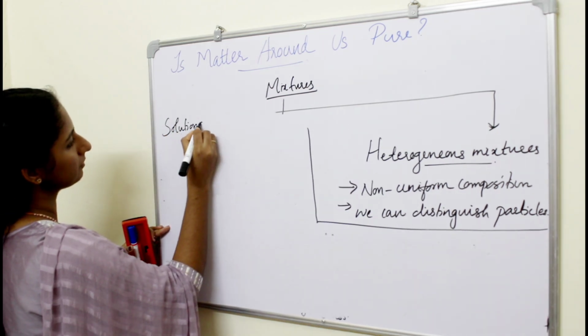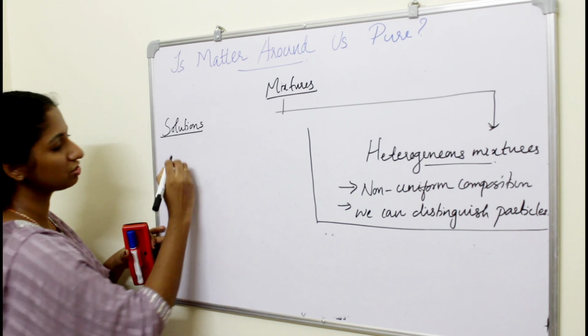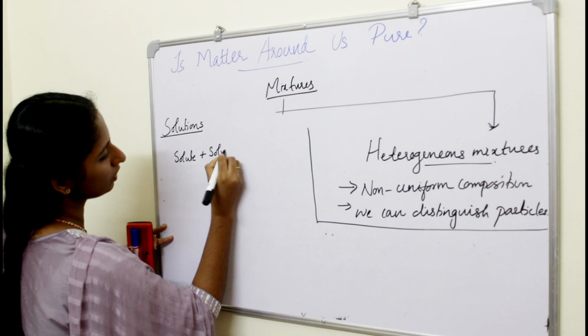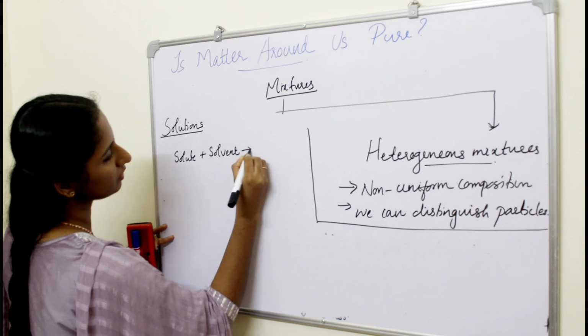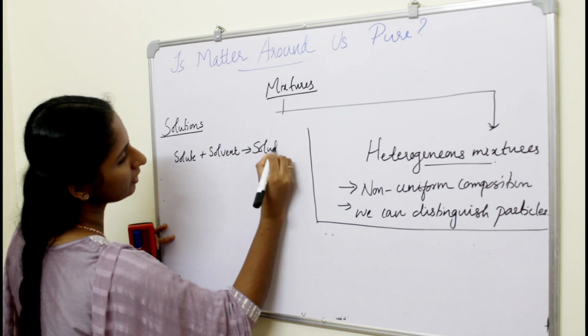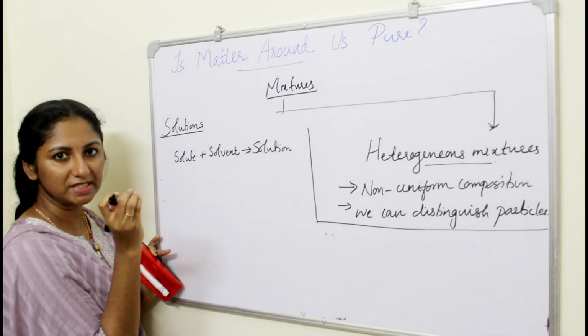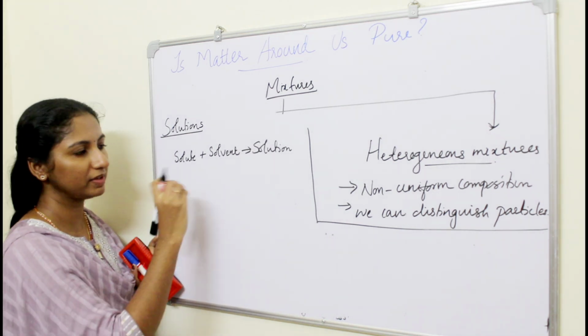A solution is a combination of solute and solvent. When we mix them together, we get a solution. In a solution, the amount of one substance will be less compared with the other.